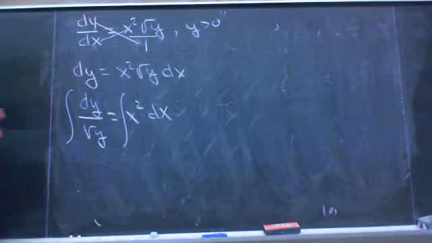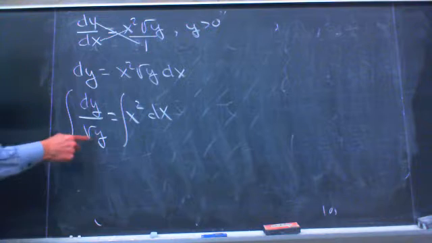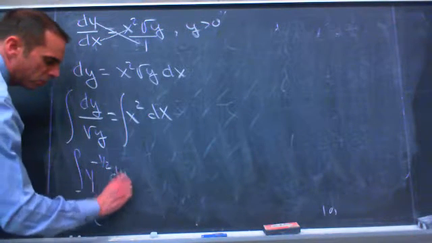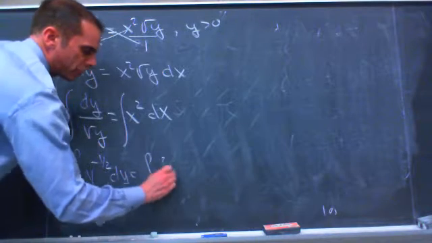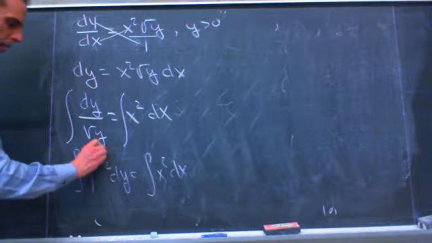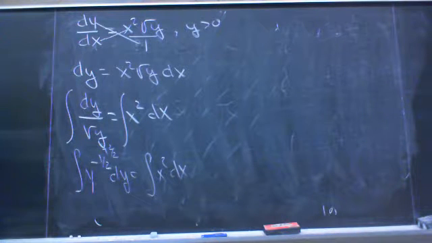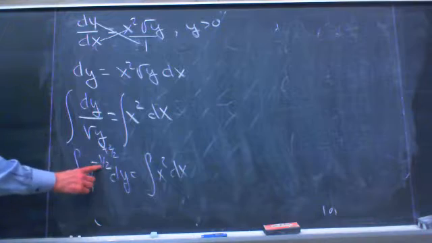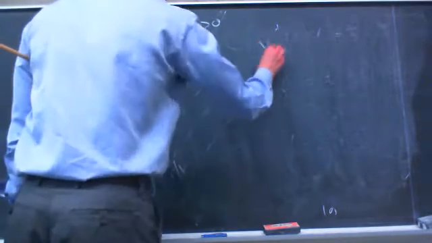Now we only have one form of integrating, and that is x to the nth power. So I'm going to rewrite this as y to the negative 1/2 dy equals x squared dx. Now I can increase the power by 1, so I'll add 2 over 2, and 2 over 2 minus 1/2 is 1/2.